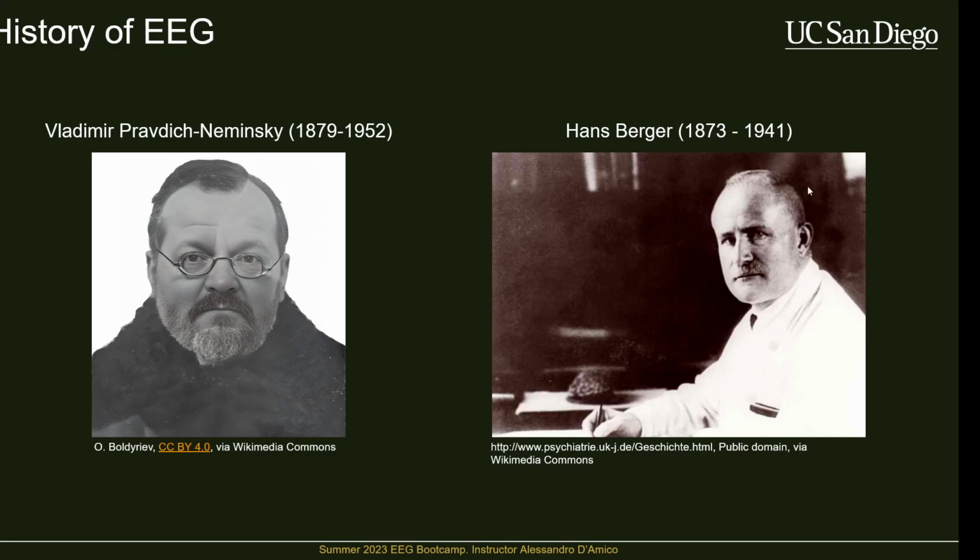Hans Berger was the first person to record EEG in humans, and that's, I think, why he gets the most notable title. Also, it's possible that Berger started slightly earlier than our boy Vlad, but he was super careful and paranoid about publishing his results until he was certain that he was actually recording something. I think it took him like 10 years or something crazy like that to release his first findings because he was really scared of the ridicule and people saying that it was nonsensical.